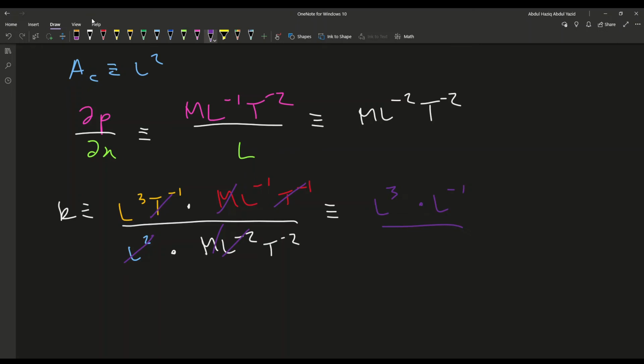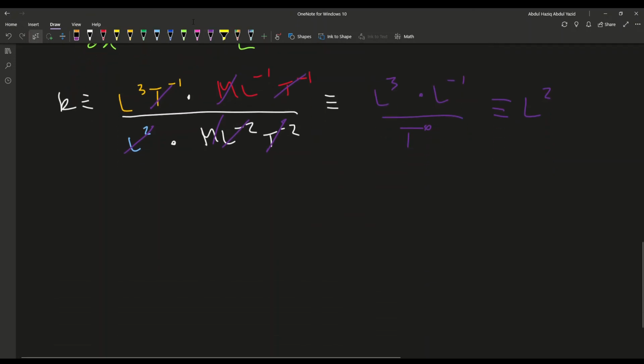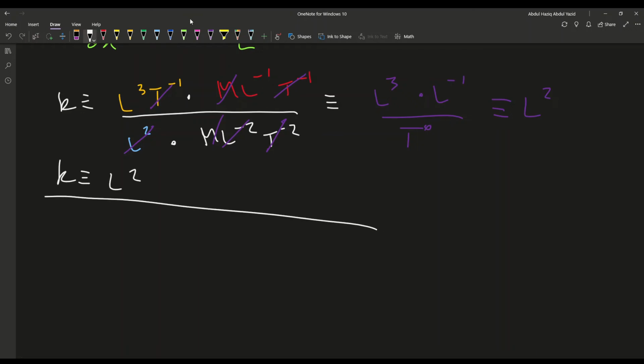Sorry, these T^-1 cancel out this T^-2. So there's no more valid dimension of time over here. So we're just left with L^2. So we already found that the dimensions of permeability must be L squared. So this must be in terms of area.